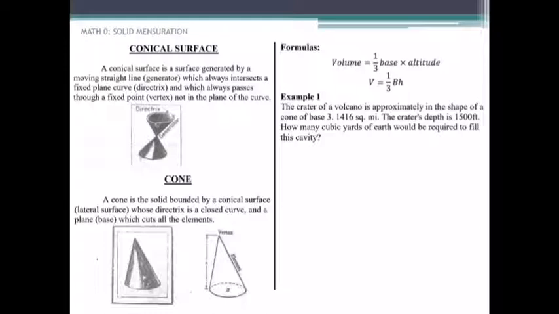I guess we're familiar with the cone. A cone, by definition, is a solid bounded by a conical surface. So our lateral surface is what surrounds the cone, this one, whose directrix is a closed curve, and a plane which cuts all the elements. So this is our base.